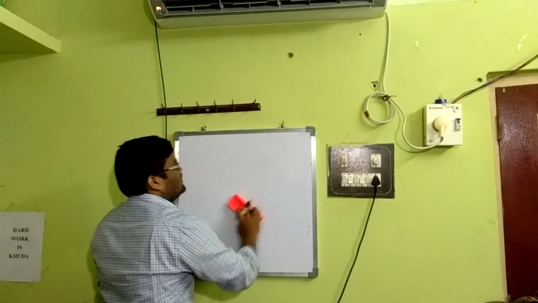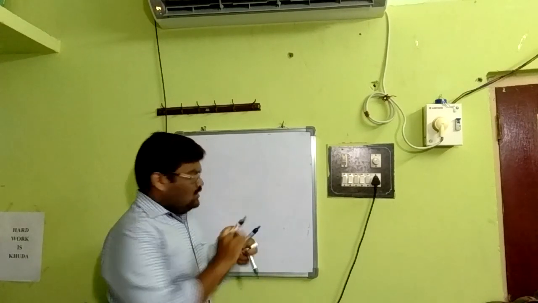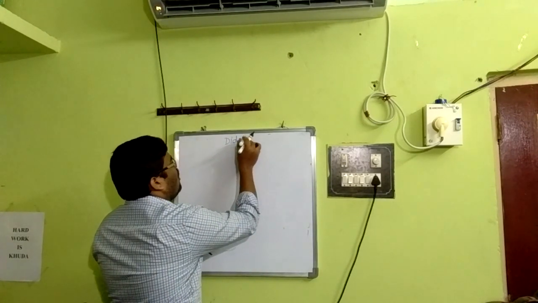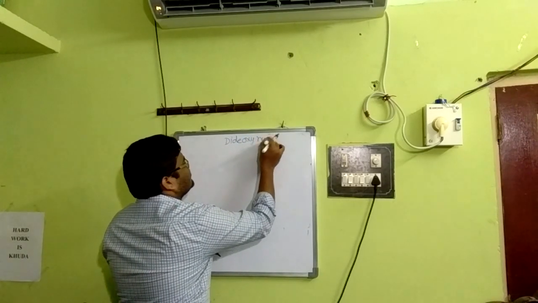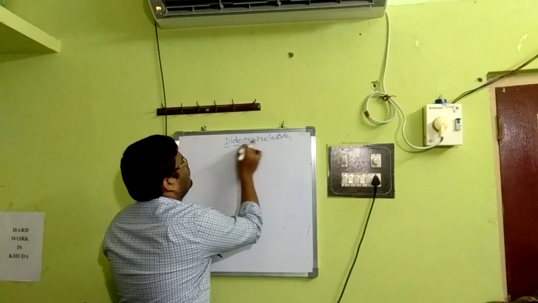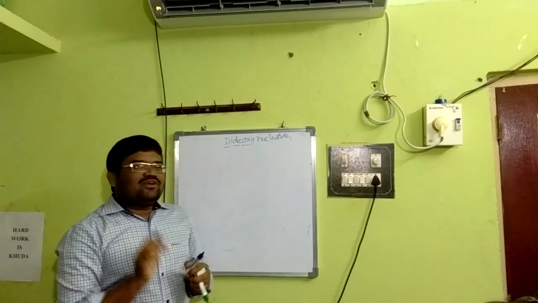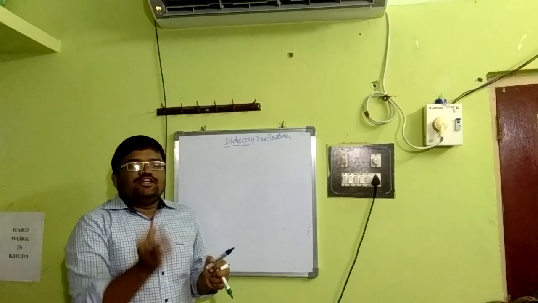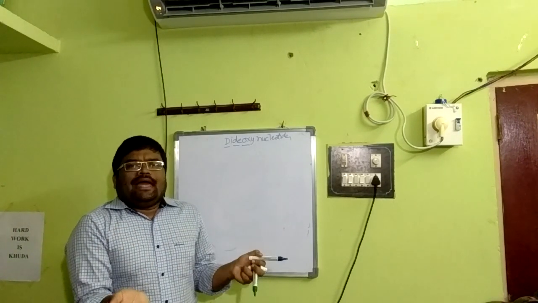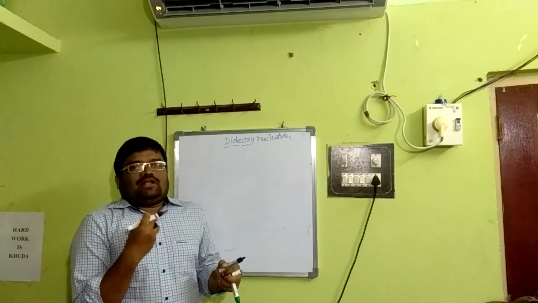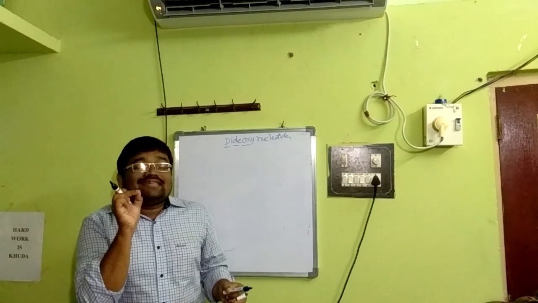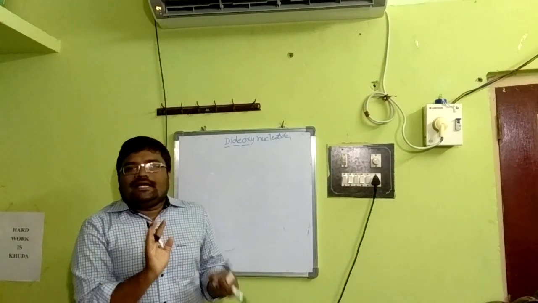Dideoxy sequencing. Before we go into the topic, we have to understand certain basics. Deoxynucleotides. We have to understand the terminology. Deoxy means at specific locations there is no hydroxyl group. In general, in DNA, the kind of ribose sugar we have is 2-deoxyribose. That means at the second carbon, there is no hydroxyl group.